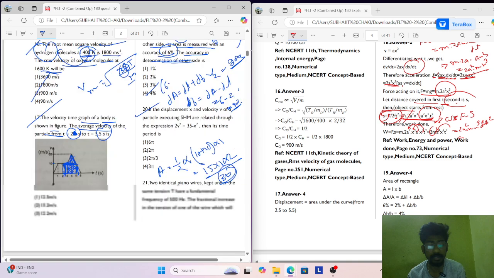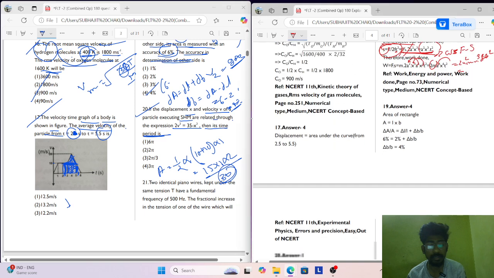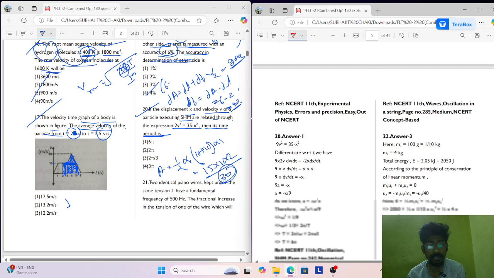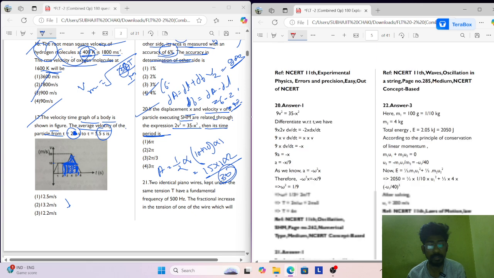If the displacement x and velocity v of a particle in SHM are related by this expression, then its time period will be... SHM formula, you know. First of all, you have to differentiate this equation with respect to t.